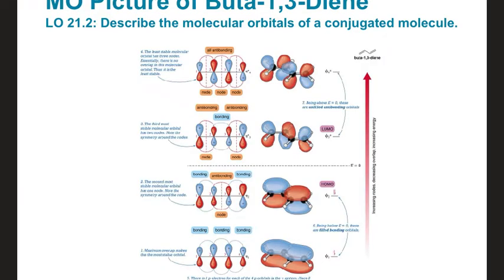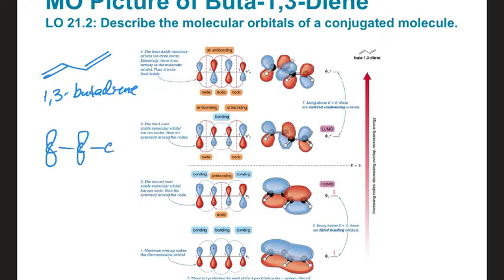Now, in a simple conjugated system like 1,3-butadiene right here, we have each atom being sp2 hybridized. And so we draw them like this, if you want.